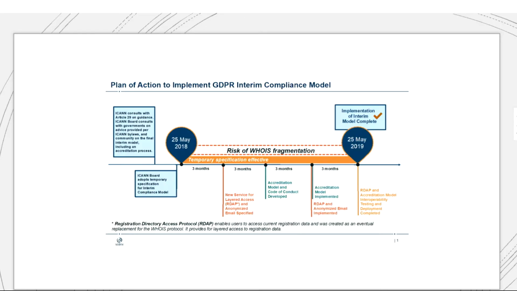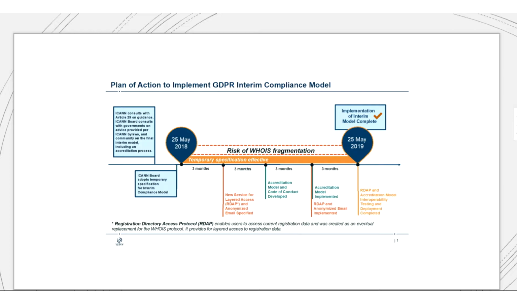There is an interim model that has been proposed by ICANN, because ICANN itself is considered to be a controller and processor of data. They have contracts with all of these registries and registrars that require the collection of this data.